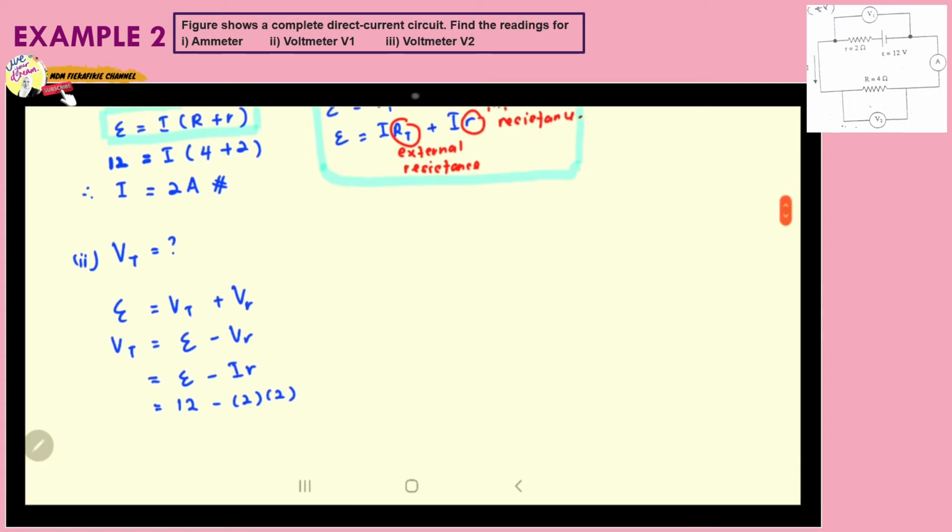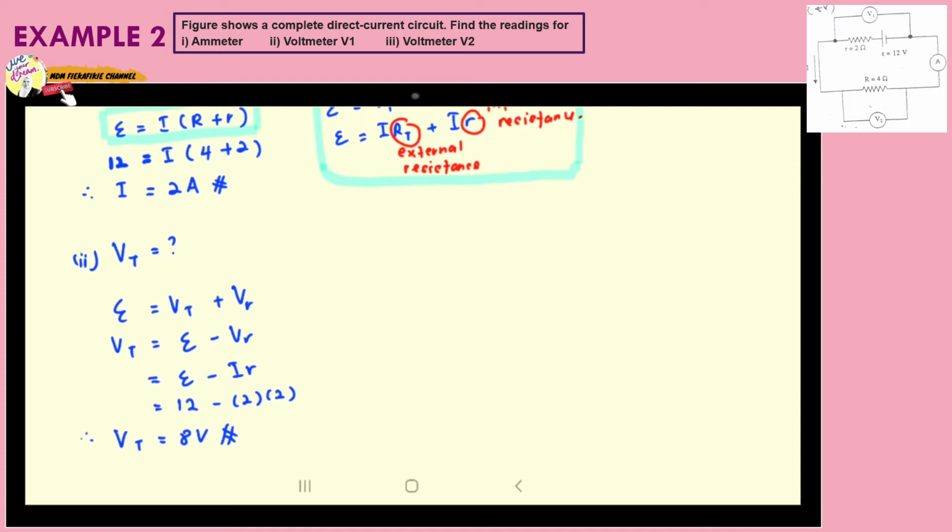Therefore the terminal voltage is 12 minus 4, which is equal to 8 volt. Since voltmeter 1 reads the terminal voltage, the reading of voltmeter 1 is equal to 8 volt. Okay, so that finishes question number 2. Now question number 3.